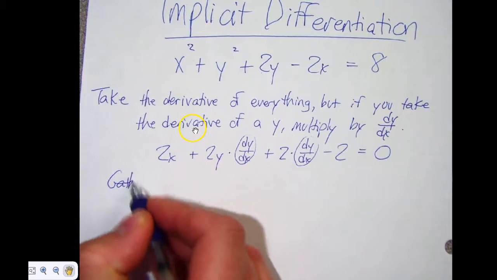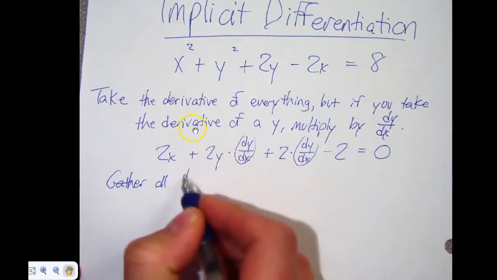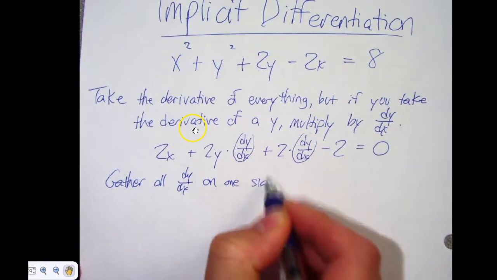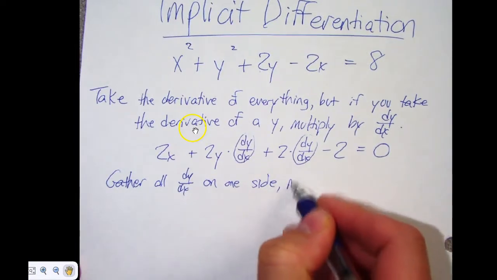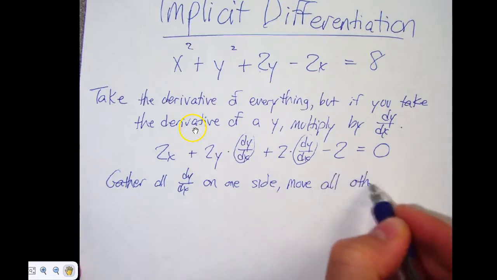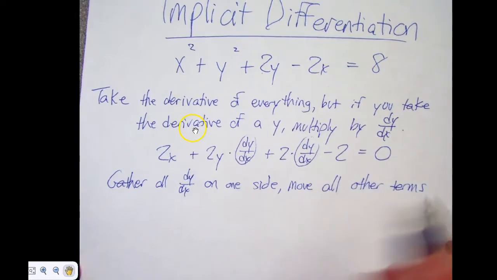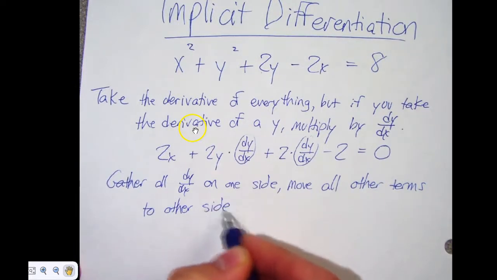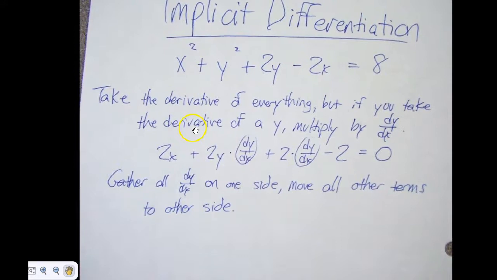Gather all dy dx on one side, move all other terms to the other side. How many terms do I have on the left-hand side? 4, right?